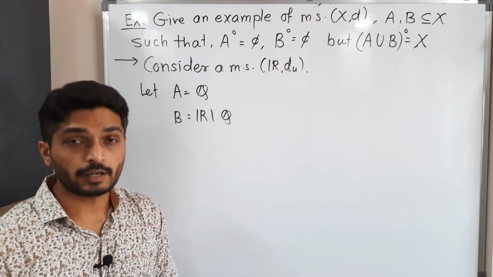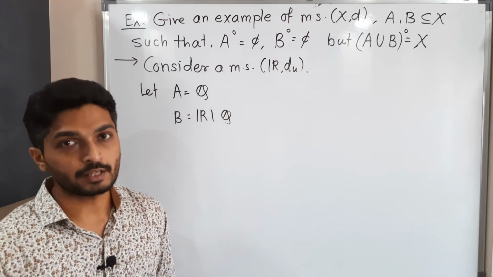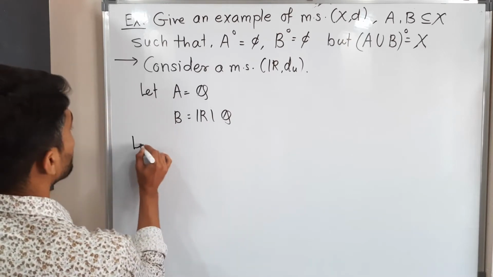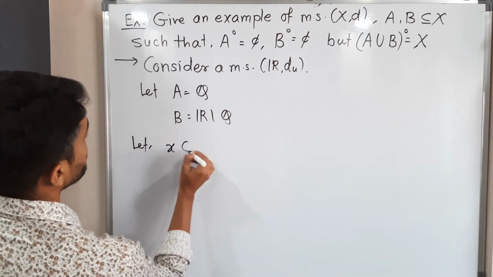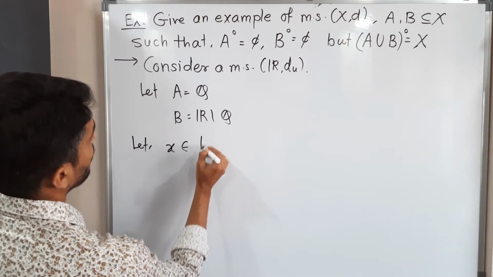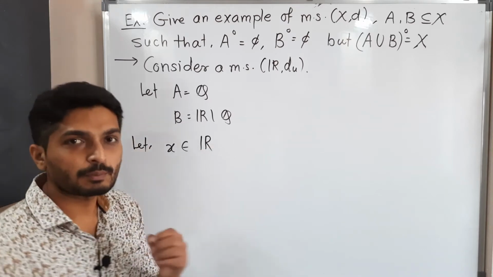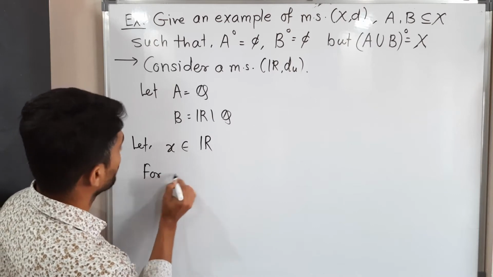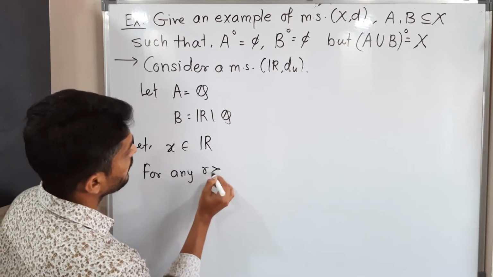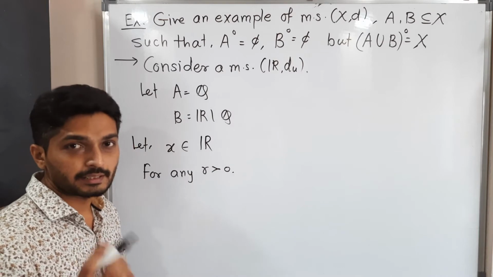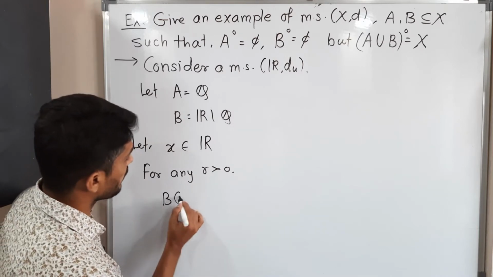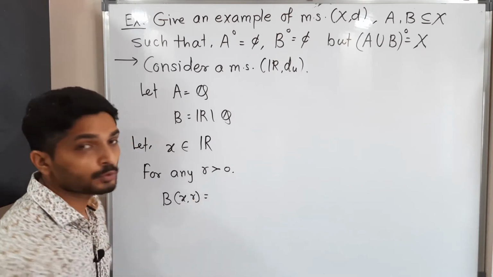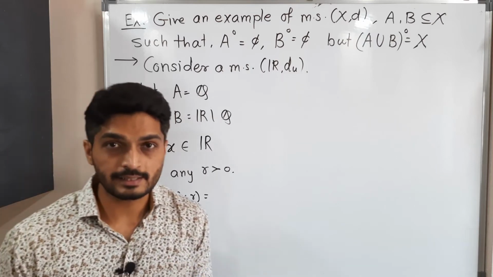So let us try to find the set of interior points of A. Let me select one point, x belongs to R. For any r greater than 0, I am selecting any radius, then B(x, r), I am interested to know, the open ball with center x and radius r.